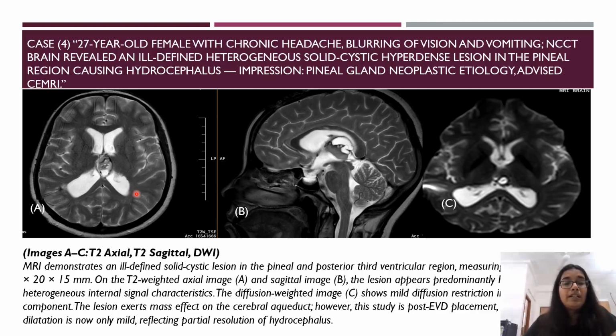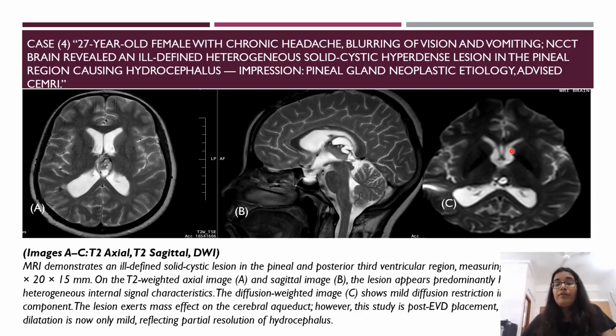On T2 weighted imaging, it shows a solid cystic hyperintense lesion in the pineal and posterior third ventricle region. And on sagittal image, we can see that it is solid cystic and has heterogeneous internal signal characteristic.